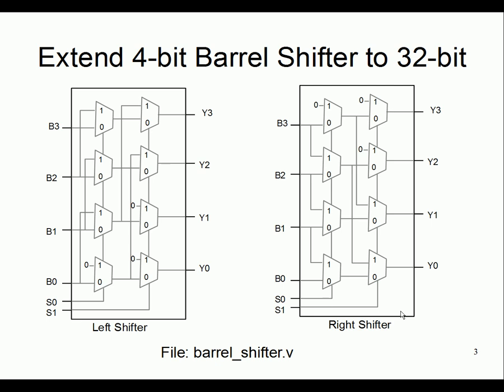I would suggest you use the generate variable technique to do this. That would be easier than actually writing this 5 times 32 mux instantiation, which is 160 mux definitions, and times 2, right? 160 times 2, which is around 320 or so mux definitions and their connections.